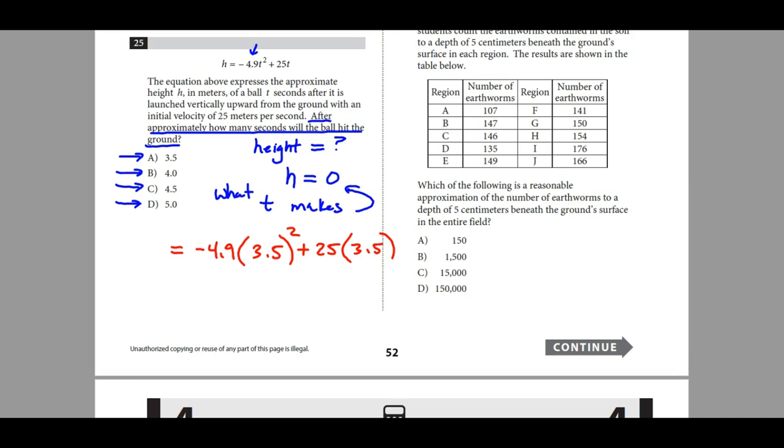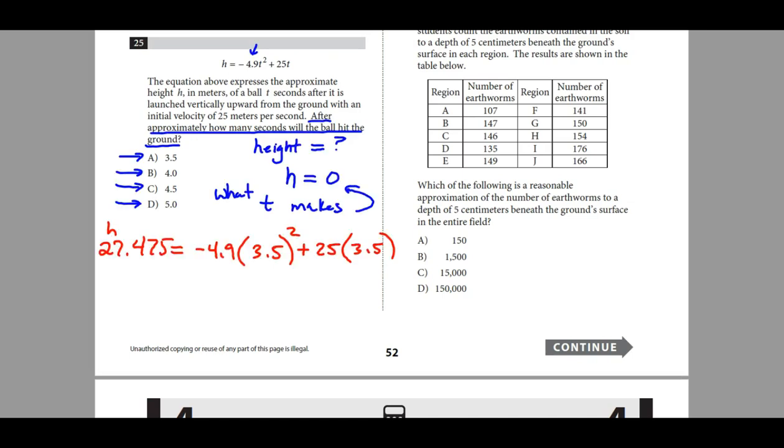And I get negative 4.9 parentheses 3.5 squared plus 25 parentheses 3.5 equals. And unfortunately for this one, it comes out to be 27.475. So this would be the height for this problem.